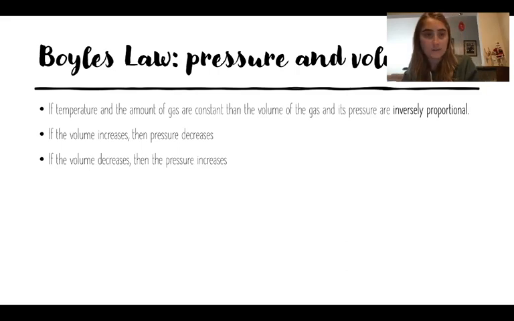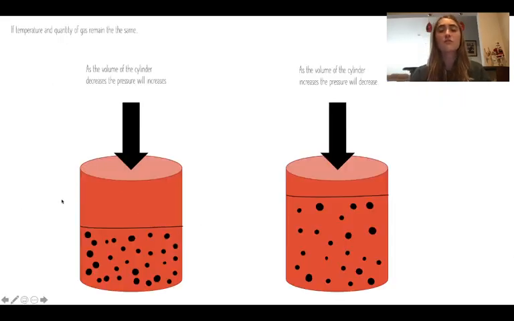What does this look like? So imagine I have 2 cylinders, and imagine I have the ability to make that cylinder's volume smaller or larger. So in this case, instead of filling up the whole cylinder, I've capped it. I have pushed down a movable piston perhaps, and as the volume of the cylinder decreases, I only have some of the volume accessible, then the pressure is going to increase.